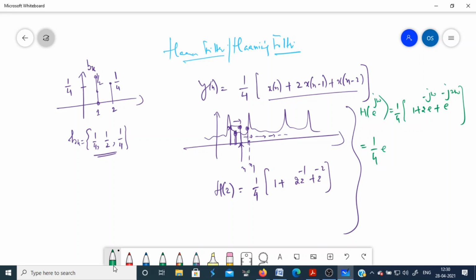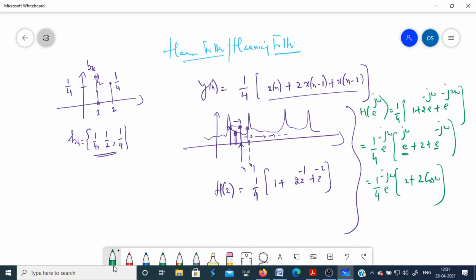You can take e raised to the power minus j omega as common from this. You will get 1 by 4 e raised to the power minus j omega into e raised to the power j omega plus 2 plus e raised to the power minus j omega. These two combined will become 2 cos of omega, since e raised to the power j omega plus e raised to the power minus j omega by 2 is cos omega, along with this factor 2.